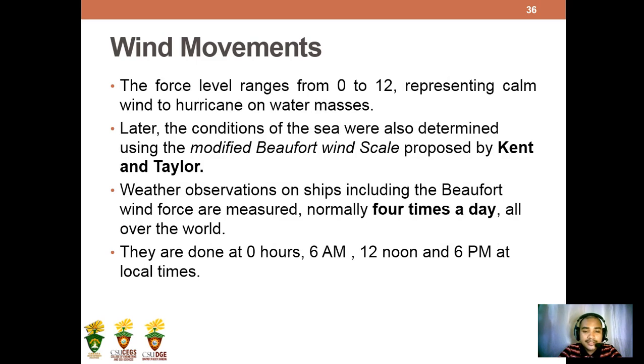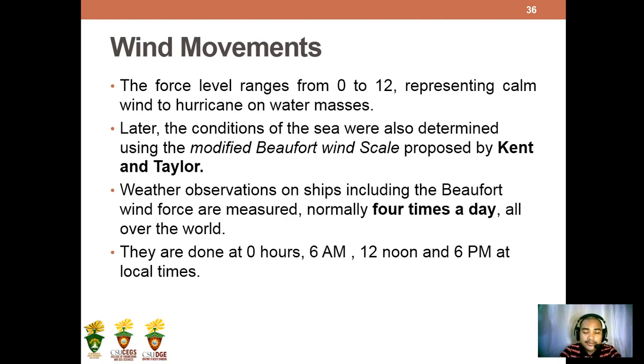The force level of the Beaufort wind scale ranges from 0 to 12, representing calm wind to hurricane on water masses. So 0 means calm wind, and 12 is a hurricane. Later, the condition of the sea was also determined using the modified Beaufort wind scale proposed by Kent and Taylor.